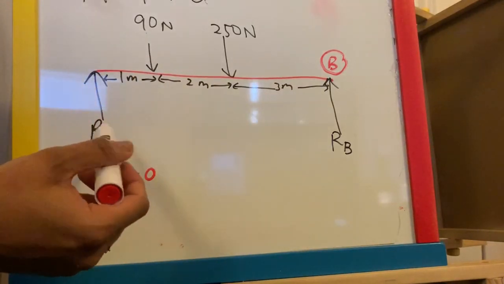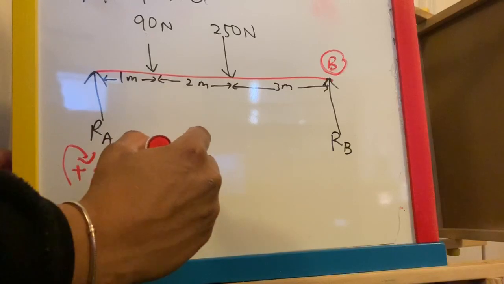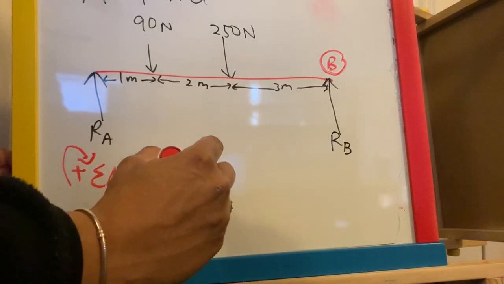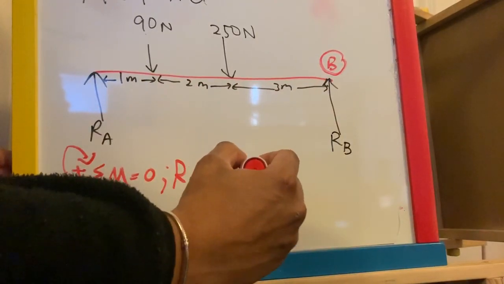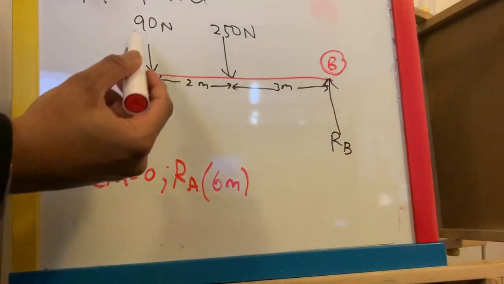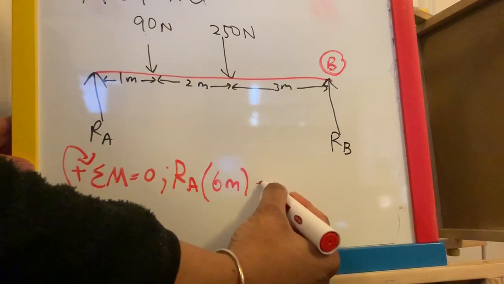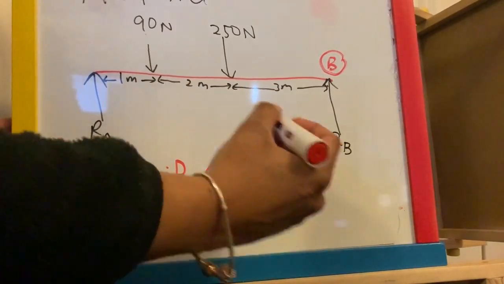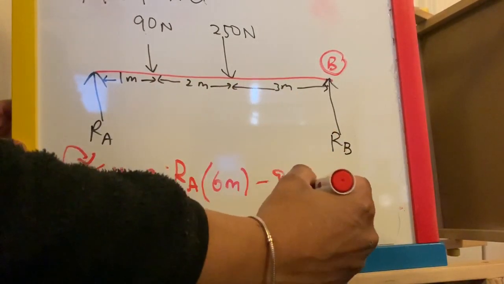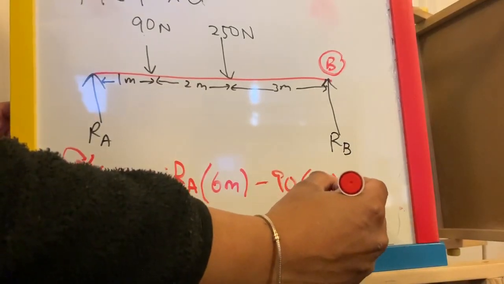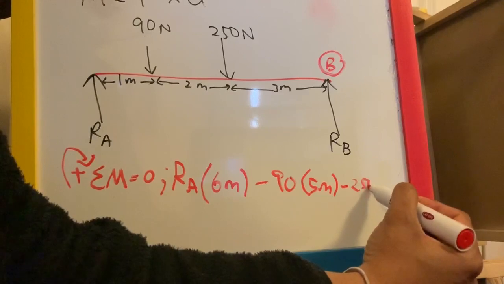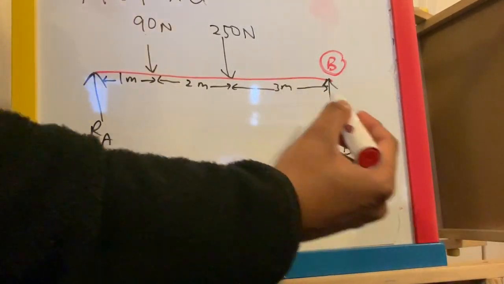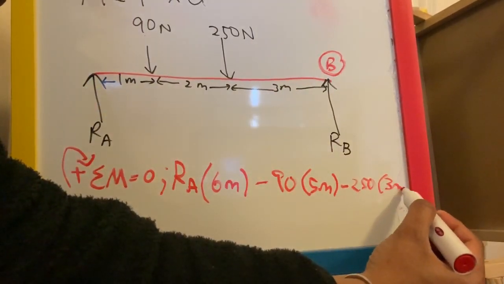Okay, so RA, so that will be RA multiplied by the total distance here, which is 6 meters, minus 90 Newton multiplied by the perpendicular distance, which is 5 meters, minus this 250 multiplied by the perpendicular distance 3 meters.